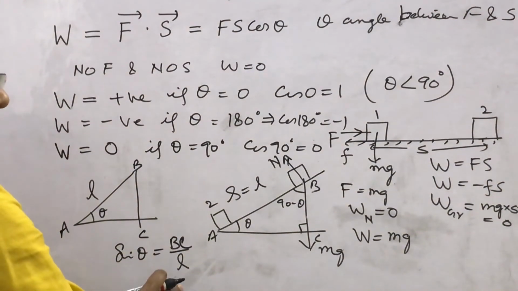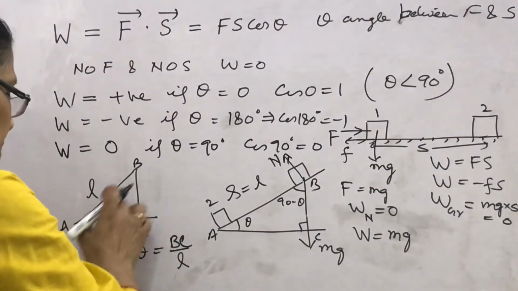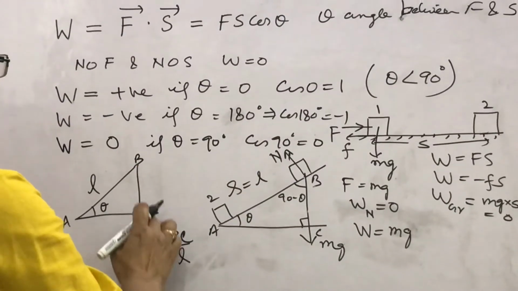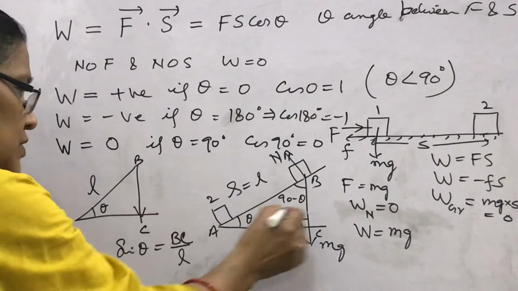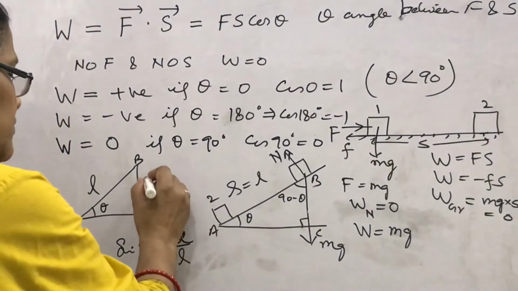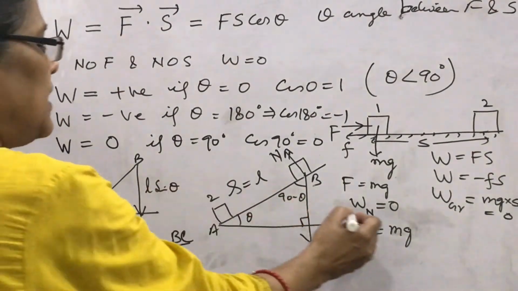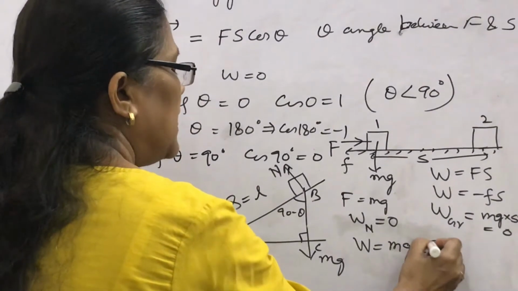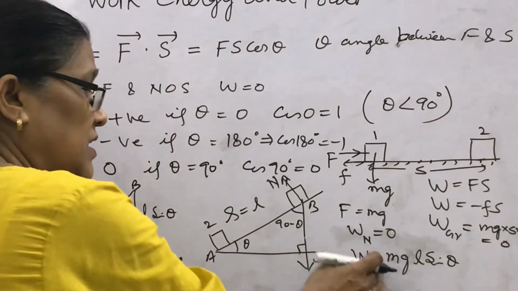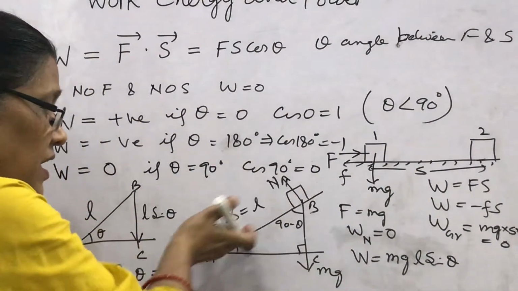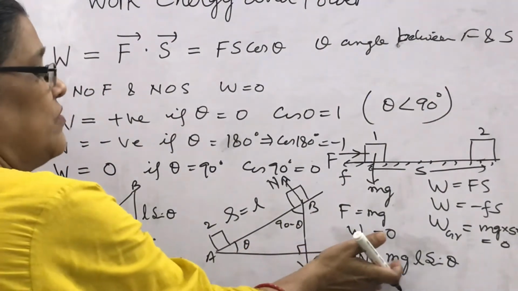L sin theta. So this BC is the component in the direction of force. So this will be L sin theta. So you write here this L sin theta. So look here, on the inclined plane, what does the formula of work become?